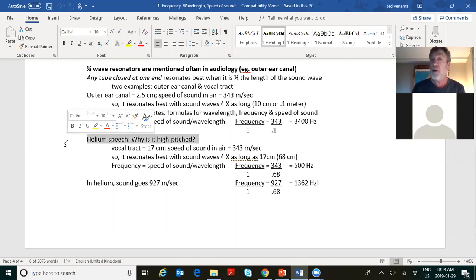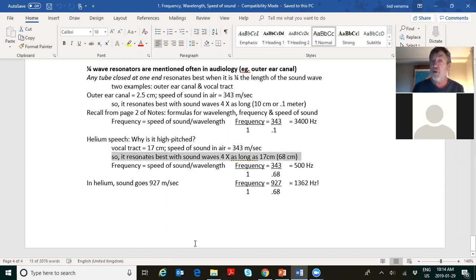It's a quarter wave resonator. And what do quarter wave resonators do? They resonate with sound waves 4 times their length. So your throat is going to resonate with sound waves that are 4 times 17, which is 68. And 68 centimeters is 0.68 meters.